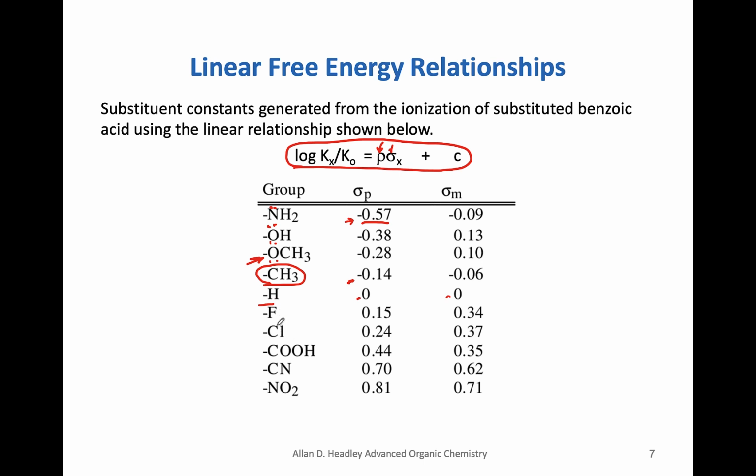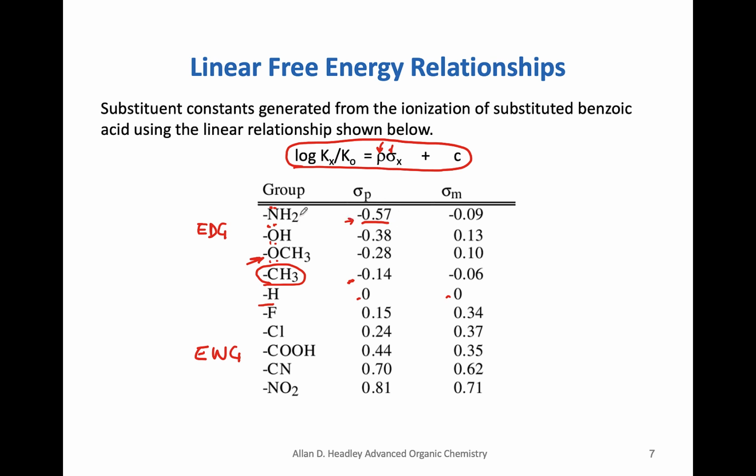Fluorine, all these groups here are electron withdrawing groups, so that's why it's positive. So these groups are electron donating groups, and these groups are electron withdrawing groups here. Just want to emphasize here the magnitude and the sign.